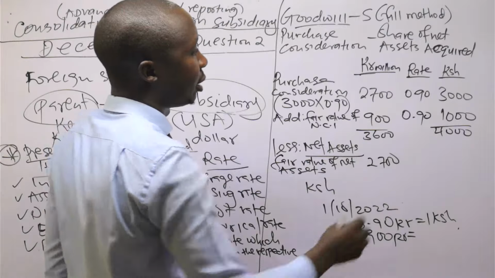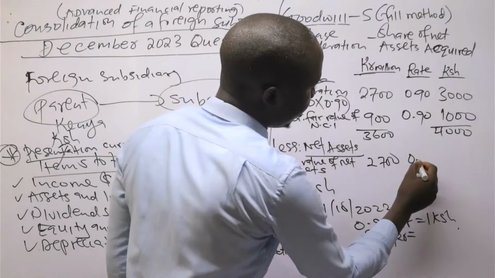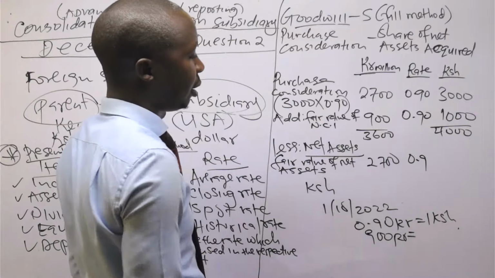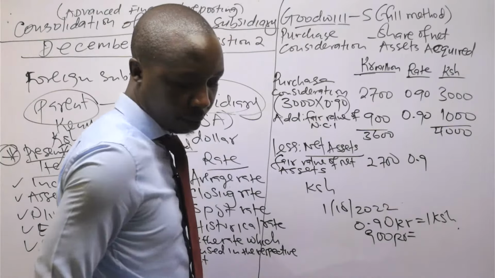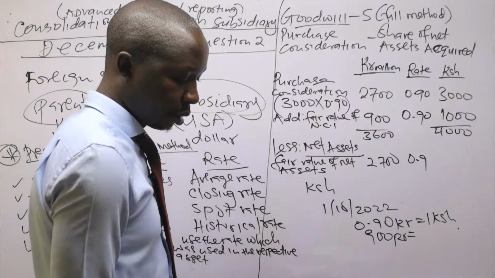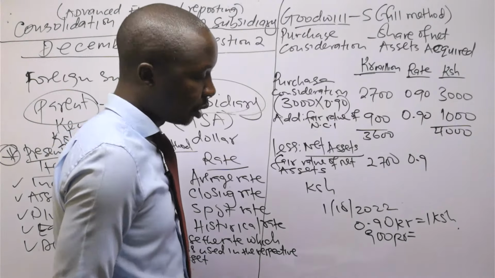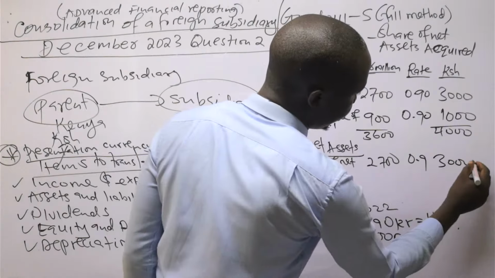So if we translate to Kenyan shillings, again we use the rate as at acquisition. So you divide 2,700 by 0.9, and we get 3,000.